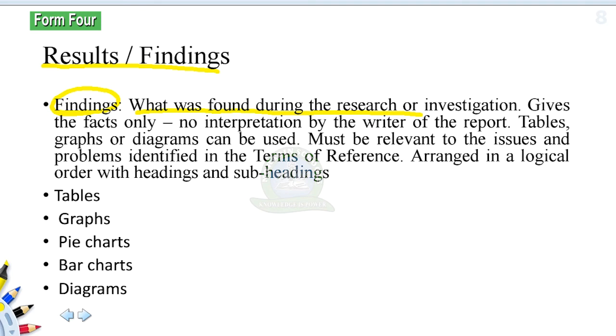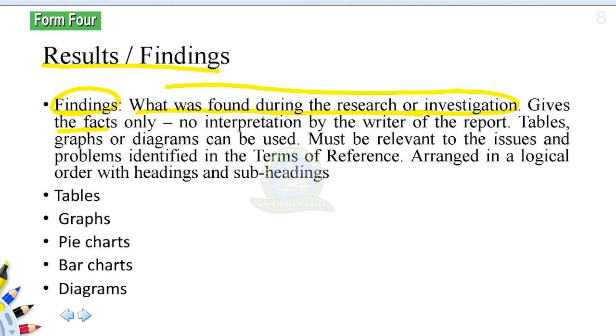What did you find? For example, if we investigate the causes of corona, after we find them, we report on the research or the investigation. Give us the facts only, not opinion, but the facts. No interpretation by the writer.